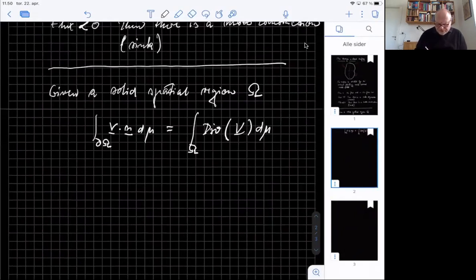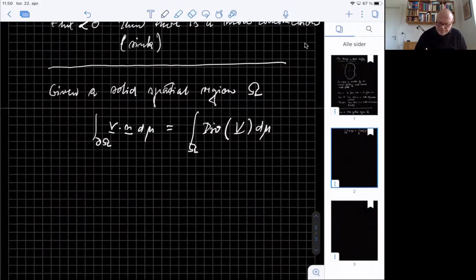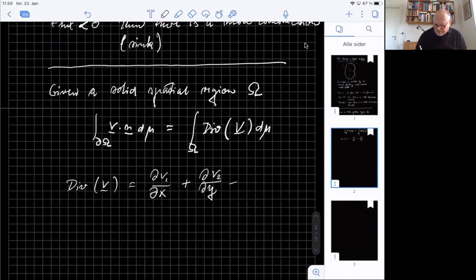You know that the divergence of the vector field V is equal to the x derivative of the first component of the vector field plus the y derivative of the second component plus the z derivative of the third component.